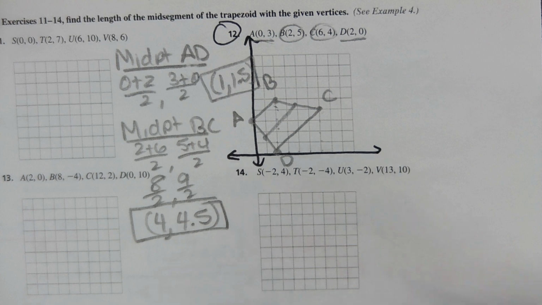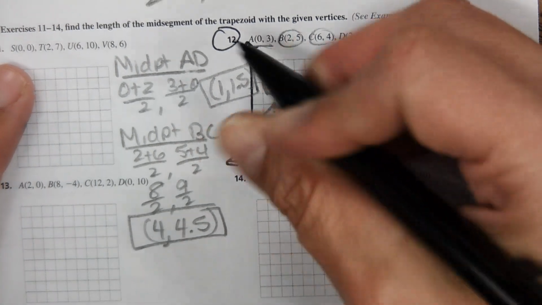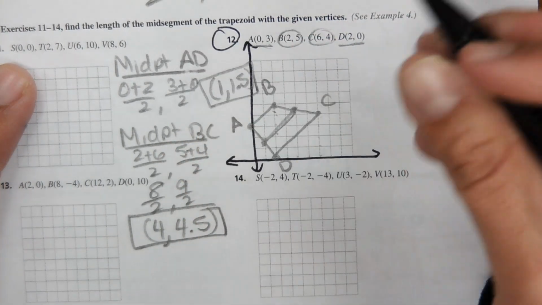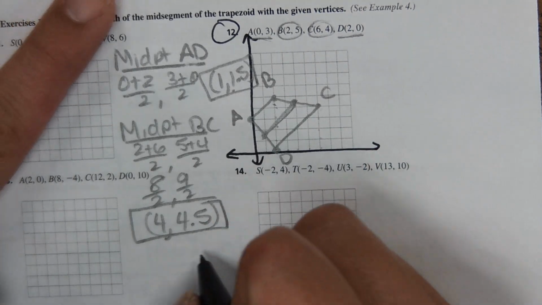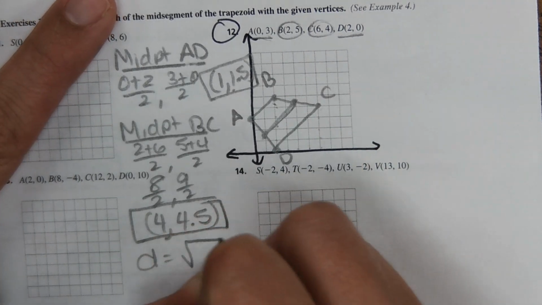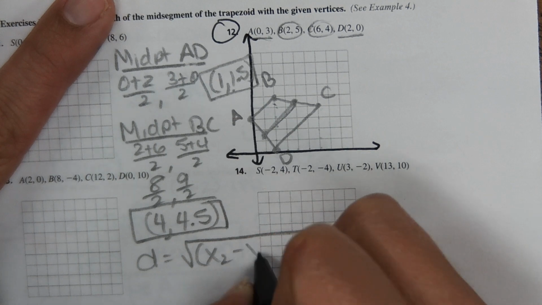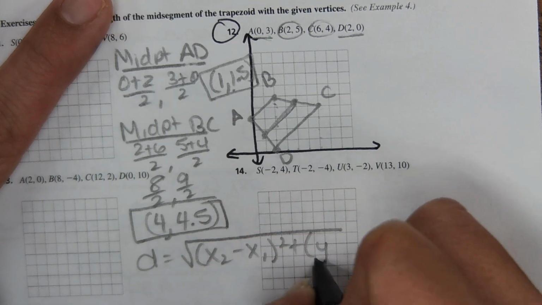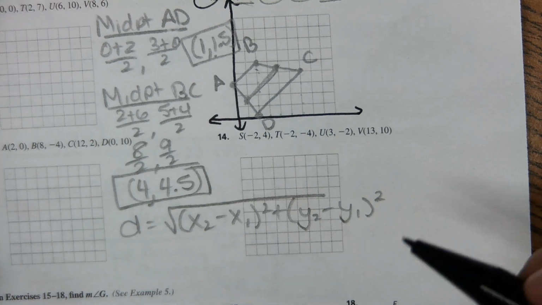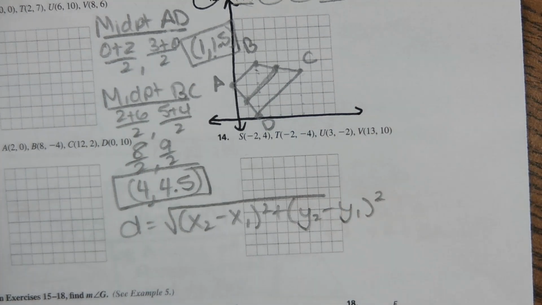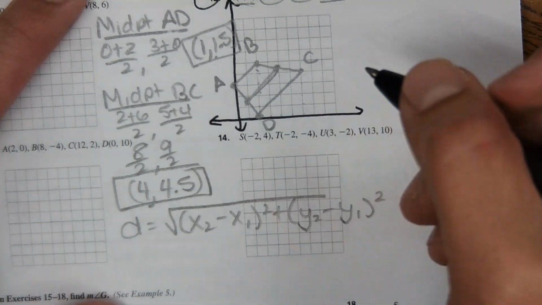Okay, so these are the points where the mid segment hits, and it wants to know the length of that mid segment. So I'm going to find the distance between those 2 points. The distance formula, which is on the reference sheet, is x2 minus x1 squared plus y2 minus y1 squared. Notice how I'm writing in pencil. There's a lot of things that can go wrong here.